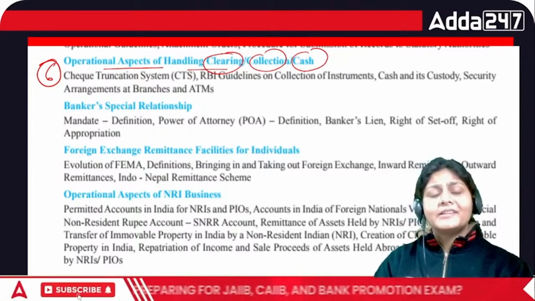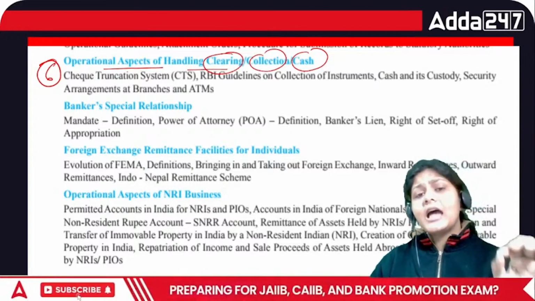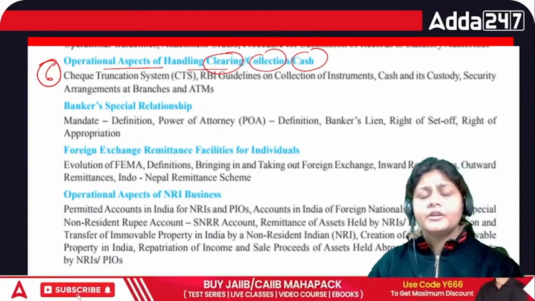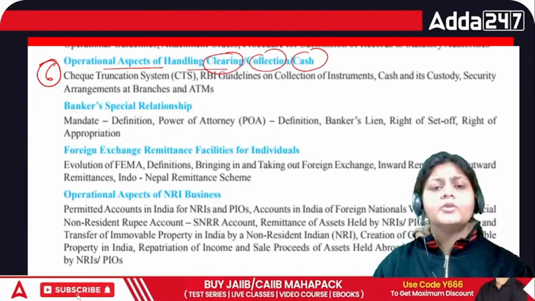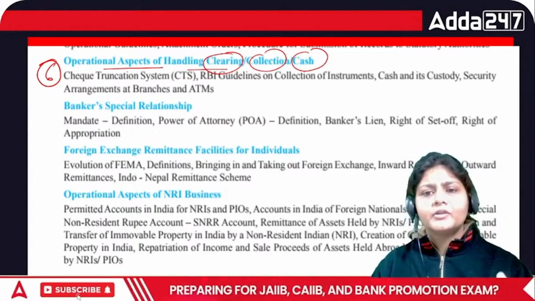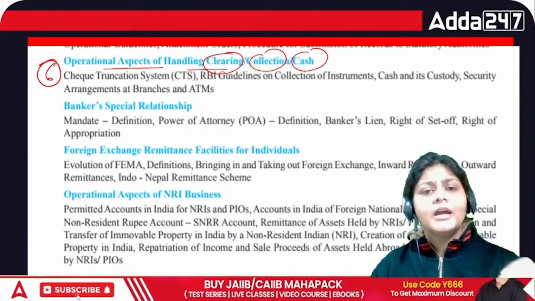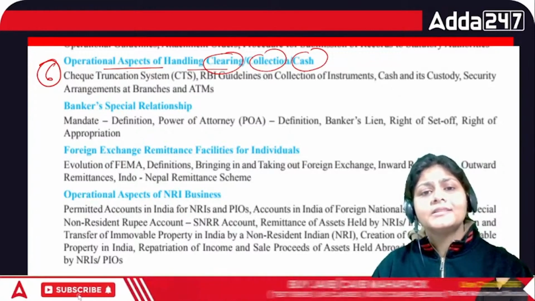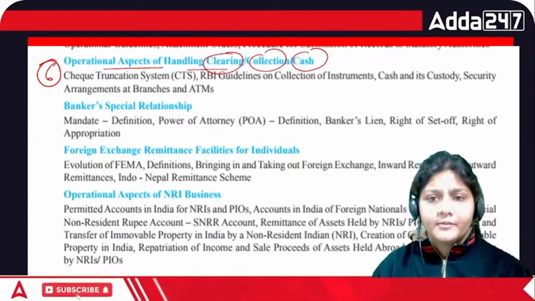Today I'm explaining it because it has a very high weightage in your exam as compared to other modules. Definitely this module is very important, approximately 25 or 30 marks weightage. So today I'm going to describe the syllabus of module A.